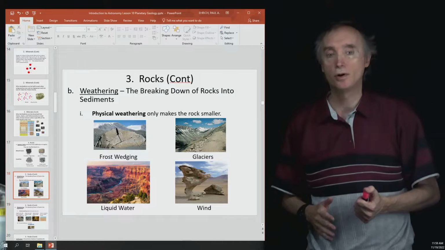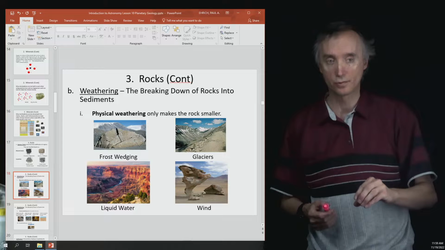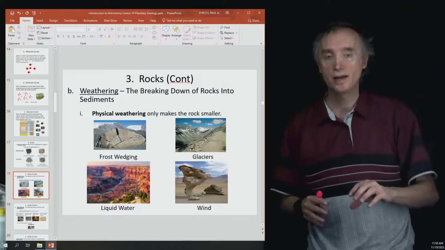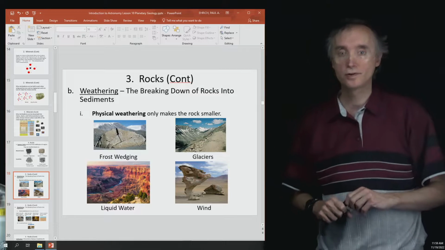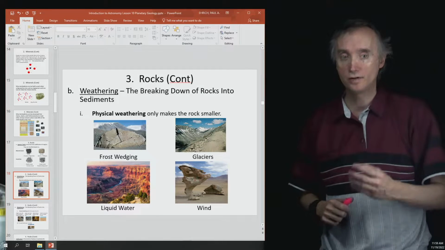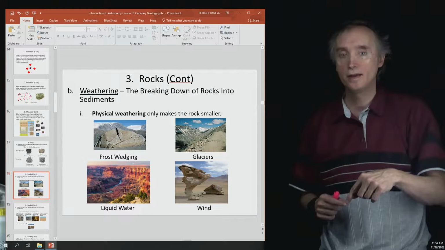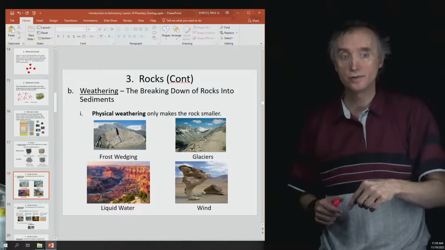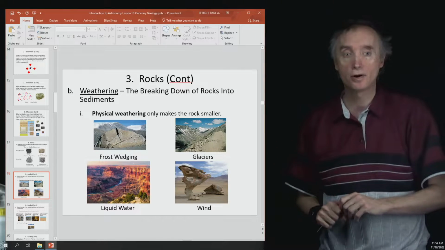Physical weathering only takes the rock and turns it into smaller rocks that have the same chemical composition. One example of physical weathering is called frost wedging, in which you've got a rock and then water gets into the cracks, and as that water freezes, it expands and it breaks the rock apart.